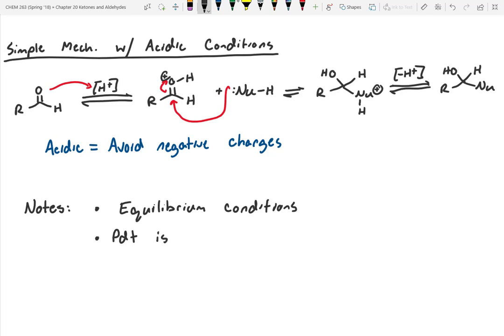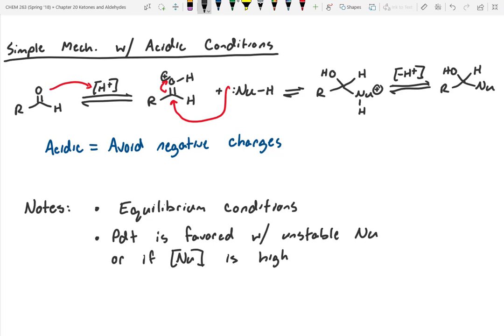Product is favored with unstable nucleophile, or if nucleophile concentration is high. Sometimes it's a combo of one or the other.